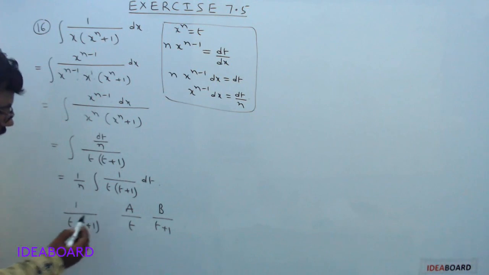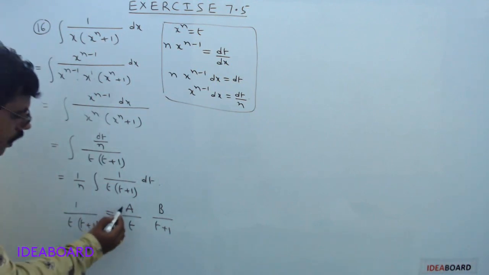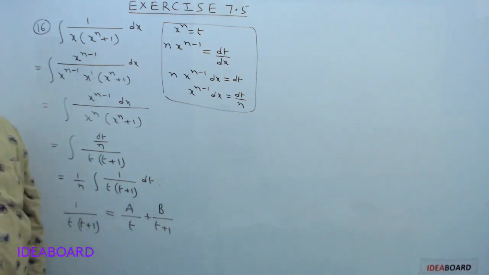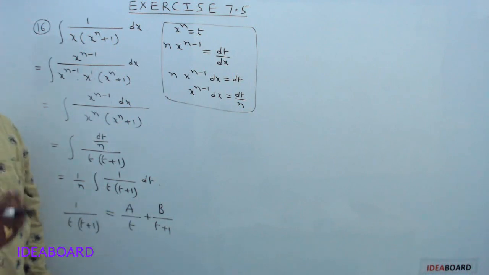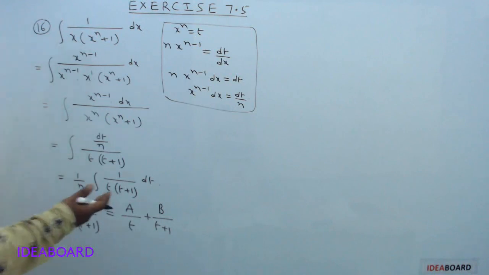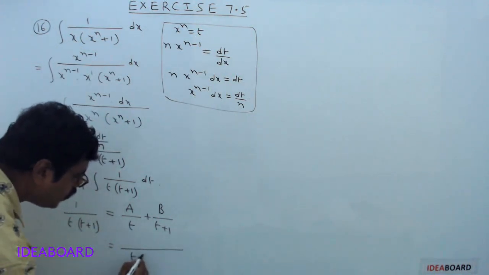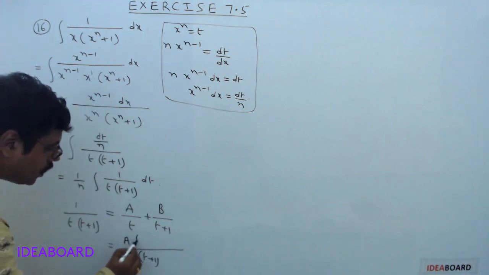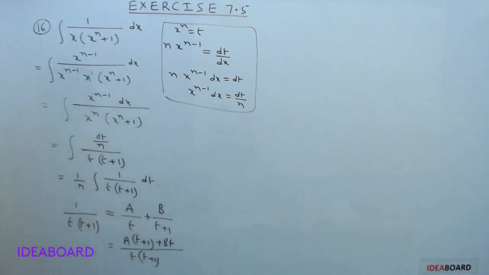So 1 divided by t into (t + 1) can be written as a divided by t plus b divided by t + 1. Here a and b are the unknown values. Now let us find these two values. Take the LCM. Here the LCM is t into (t + 1). The corresponding numerator is a into (t + 1) plus b into t.